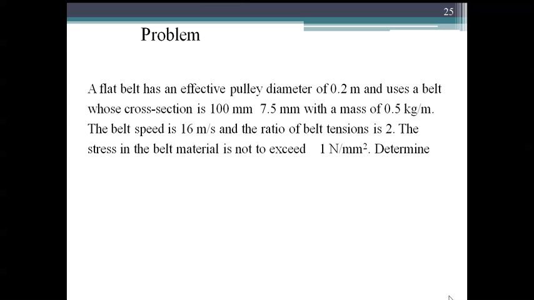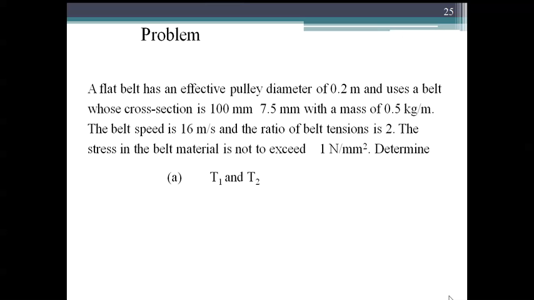The flat belt has an effective pulley diameter of 0.2 meter and uses a belt whose cross section is 100 mm by 7.5 mm with a mass of 0.5 kg per meter. The belt speed is 16 meter per second. The ratio of belt tension is 2.